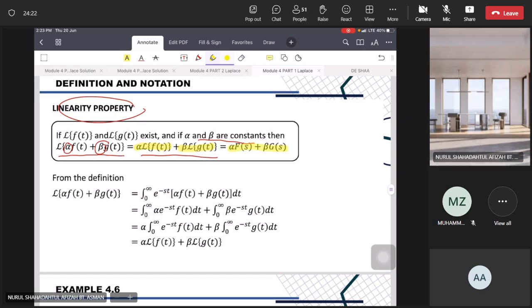So we transform it to the other functions, which are F(s) and G(s).